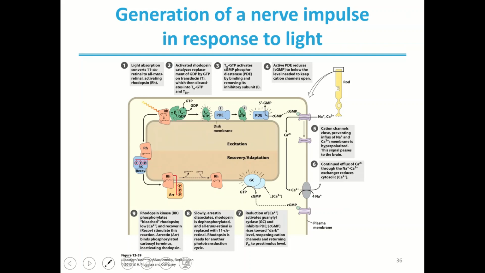Okay, that's all the excitatory phase. There's also the other part of that, right? Once that happens, and you send a signal, you have to be able to recover from that and get back to your starting point, so it can then sense another photon of light.